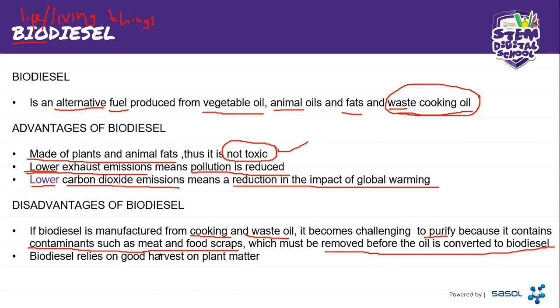There'll be things like food scraps, meat scraps, and so on. And those have to be removed first before the waste cooking oil or the waste oil is converted to biodiesel. So that would be a mark. Again, my dear learners, biodiesel relies on good harvest of plant matter.